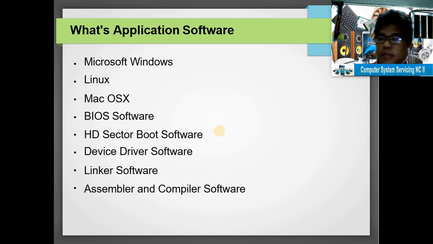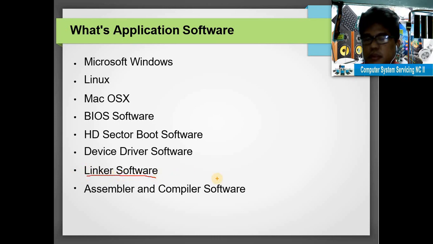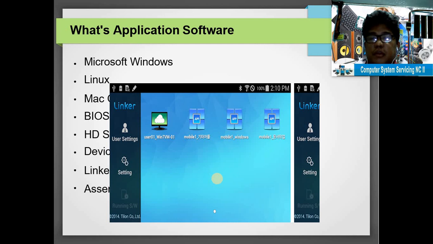And then, aside from that, we have yung linker software. Ano yung linker software? Linker software, okay, is a software kung saan nagduduktong, it links or it connects or it adapts, nagdadagdag dun sa existing na program or existing na exe file.